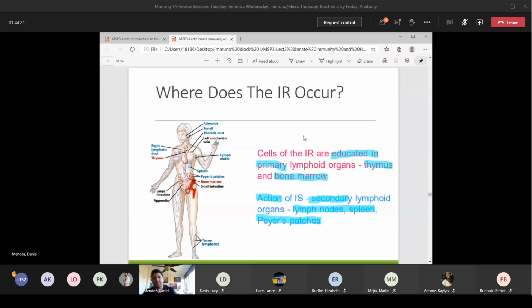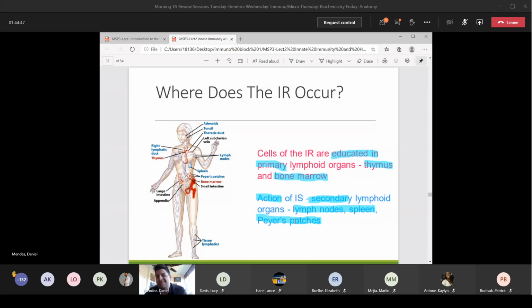So immune responses, this is very important to know. Immune responses aren't actually going to be occurring in the primary lymphoid organs. There's just education going on in the primary lymphoid organs. We're not going to have an actual immune response in the thymus or bone marrow. Where we see the immune responses actually occurring, so the action of the immune system, is in the secondary lymphoid organs: lymph nodes, spleen, Peyer's patches.